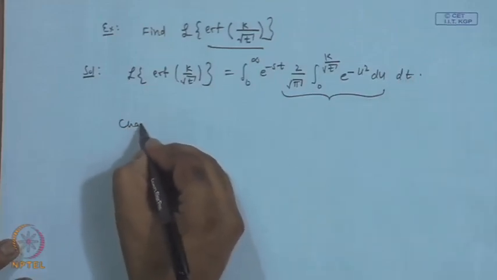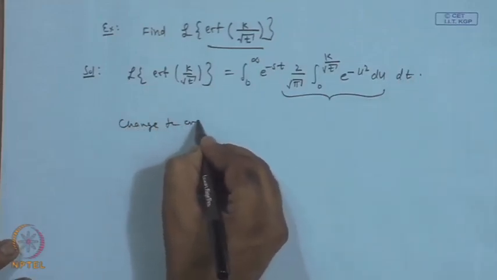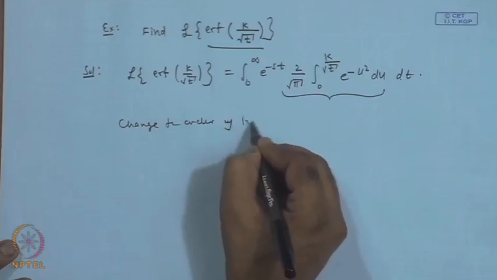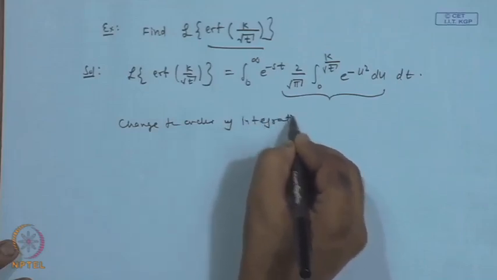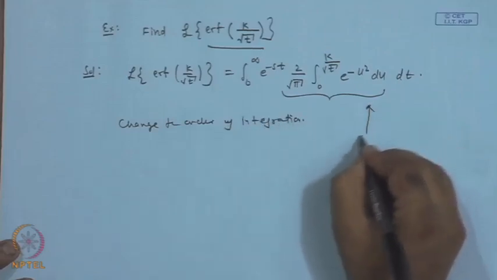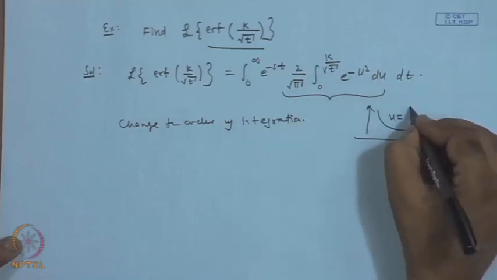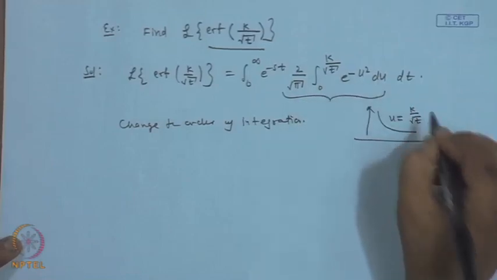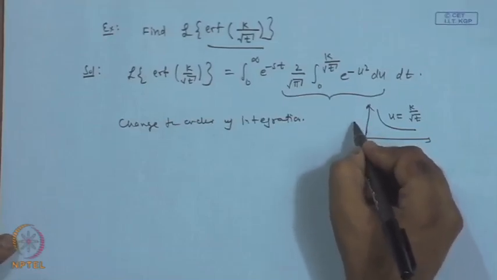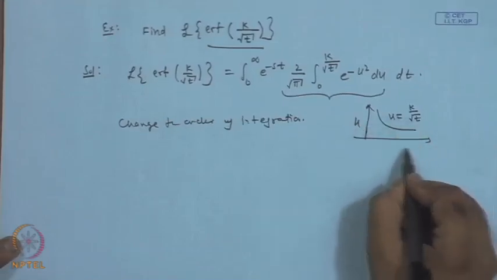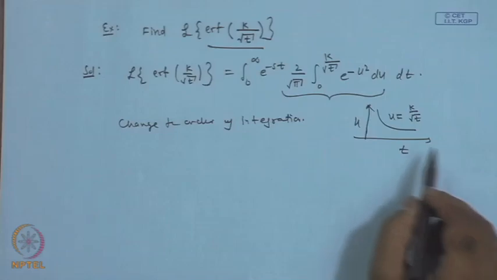Now again we change the order of integration. In this case we have u equal to the curve k over square root t, with u on this side and t on this side.